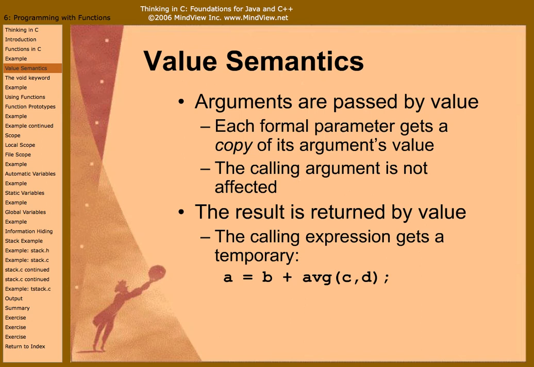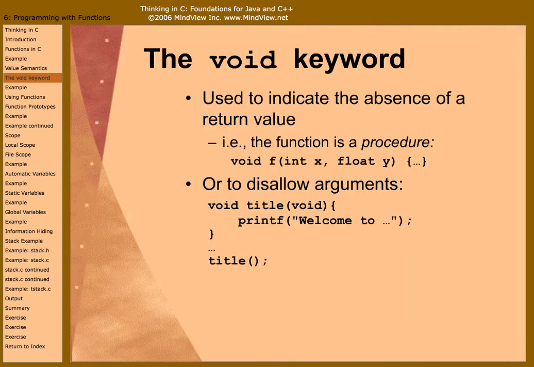And then the computed value that is returned comes back in a temporary copy for use in that statement right there. And then when that statement is finished, that temporary copy will go away. The void keyword has two uses in C. One is to specify that a function does not return anything, and so it becomes what other languages call a procedure.